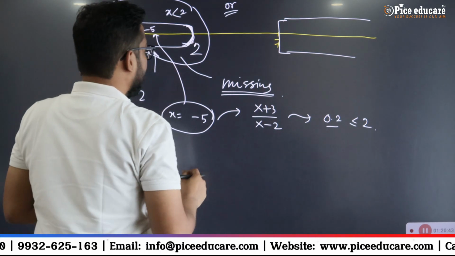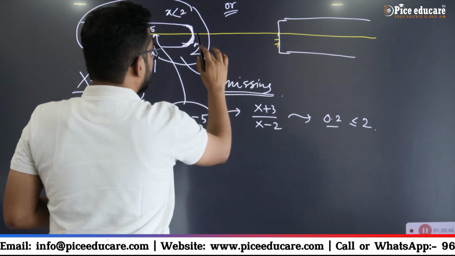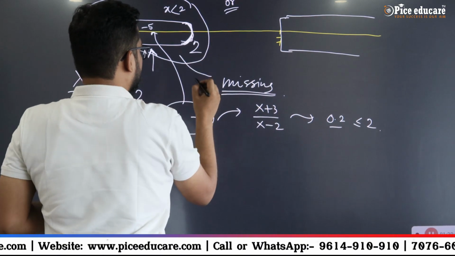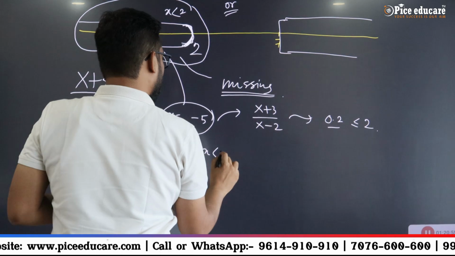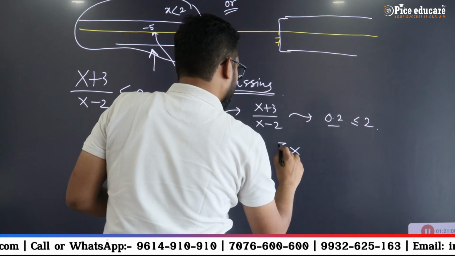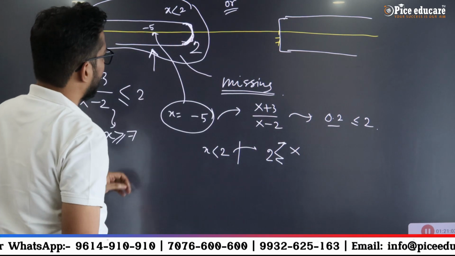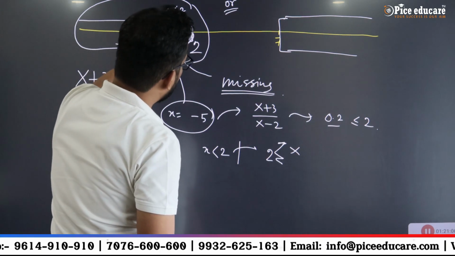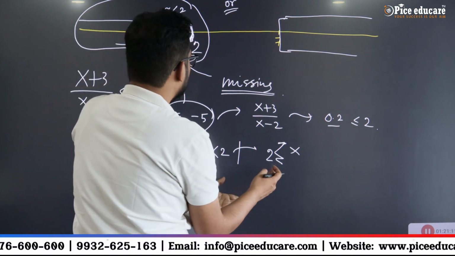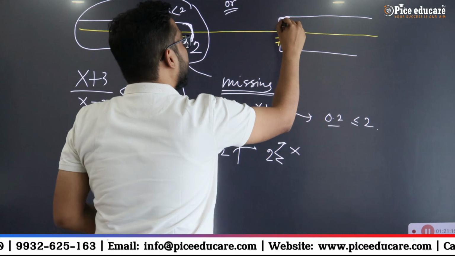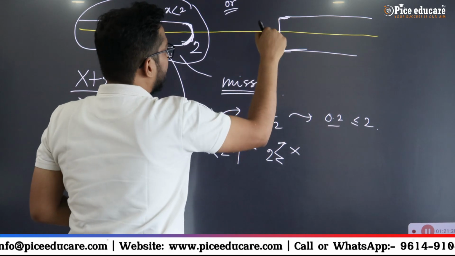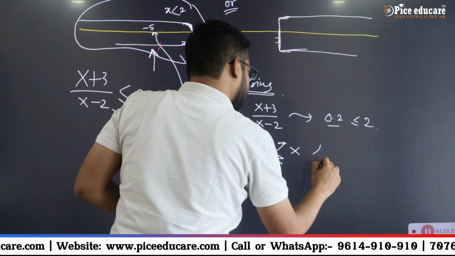Now if I tell you to take some number within this area, on this side you have something less than 2. Whatever is on the right side has to start from 2. Towards the left you are not taking 2, everything is strictly less than 2, but to the right you have to start from 2, right? And here you have taken already 7, so 7 or bigger than 7. So on this side it has to be first bracket 7.